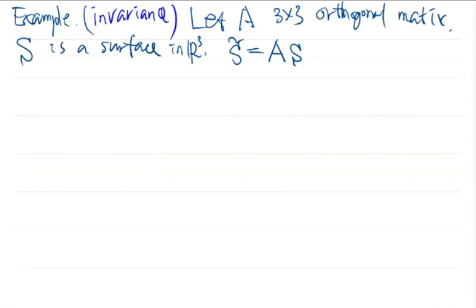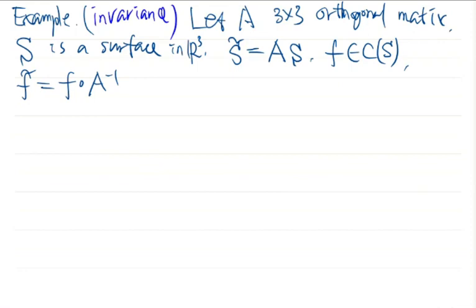Okay. Now we have a function f continuously defined over S, and we also define a new function f tilde, the composition of f with the inverse of our orthogonal matrix. The orthogonal matrix defines a linear transformation of R3.